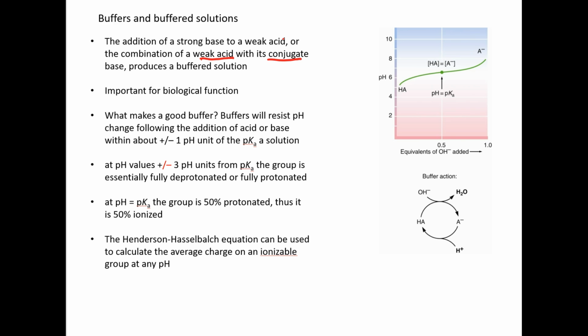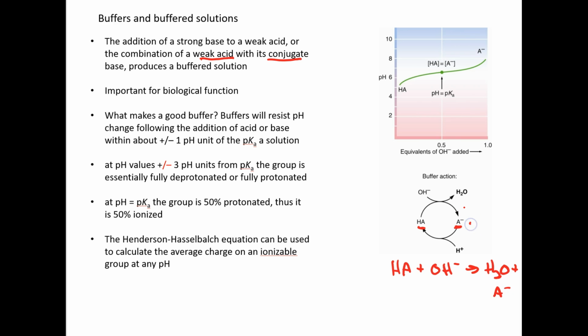And what these do is they resist pH change, because let's take a look over here. We have our weak acid and we have our conjugate base. And if we add, let's say, hydroxide, which would increase the pH, making it more alkaline, what happens, instead of it just doing that automatically, is it interacts with the proton on our weak acid, yielding water and conjugate base.